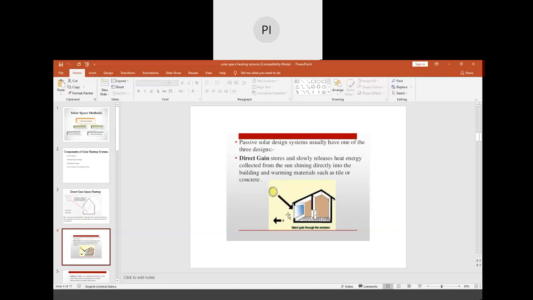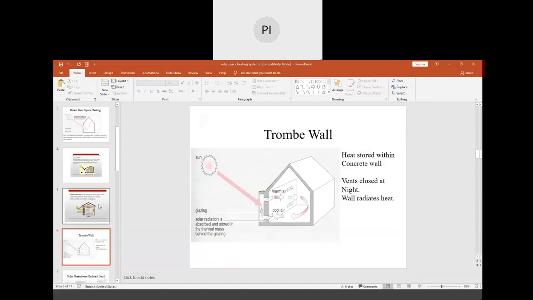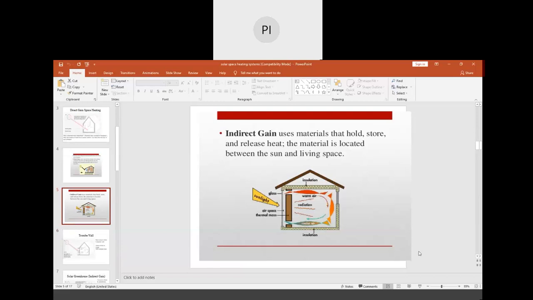Here also there is a floor which absorbs the thermal radiations incident on it, and slowly starts liberating that heat. In that condition the room may be warm. This is one of the indirect gain methods.